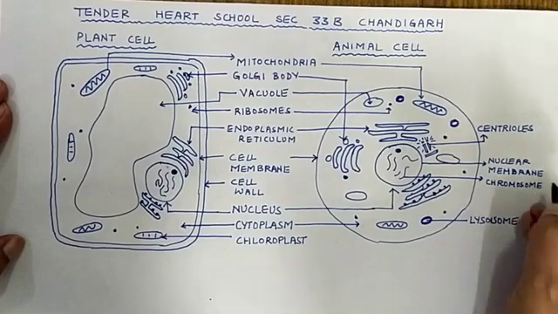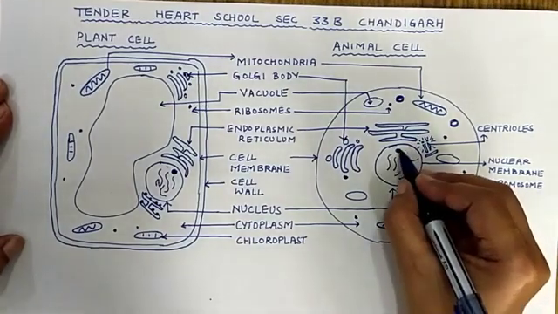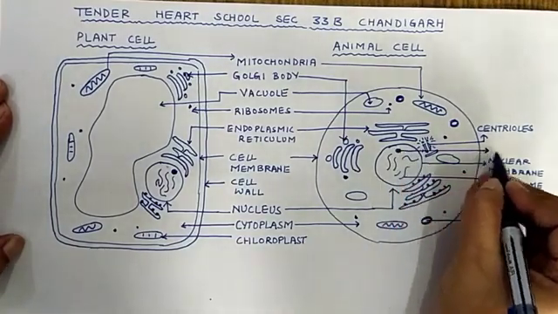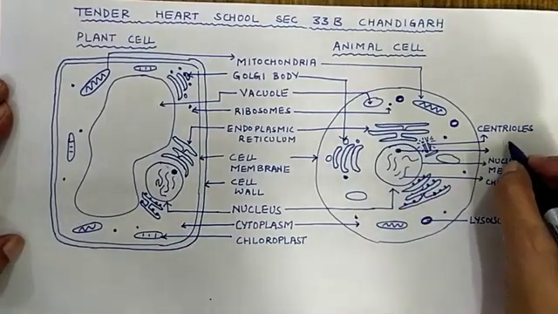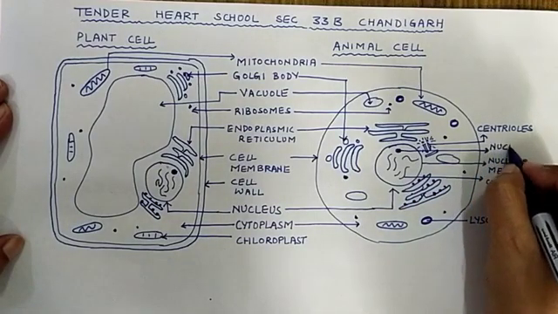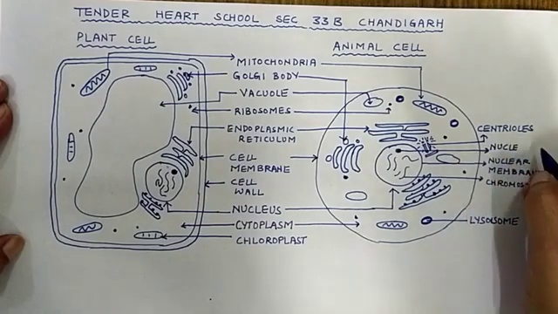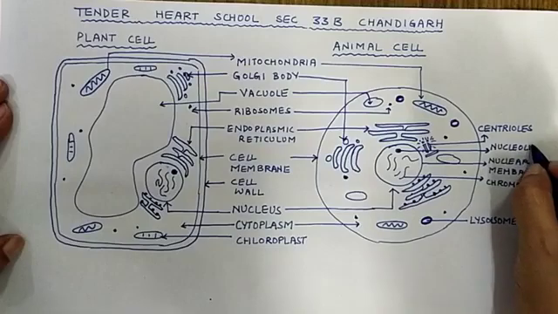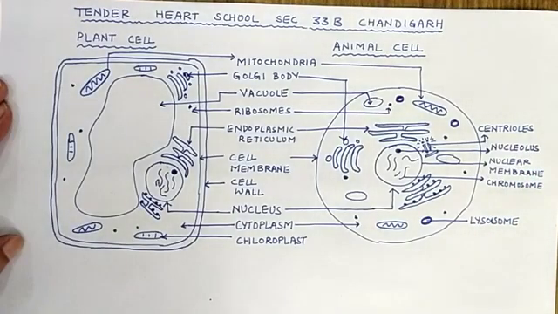Chromosomes or the chromatin fiber, whatever you want to write. And this one is the nucleolus, right? Nucleolus. So this is all about the plant and animal cell, children. Thank you.